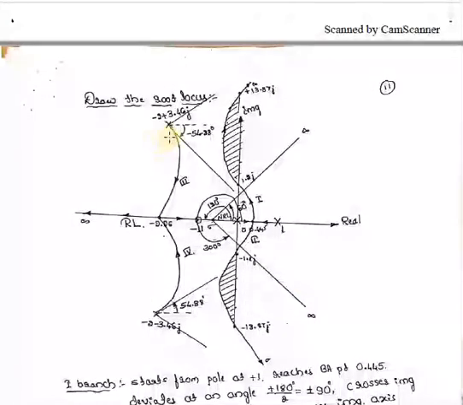The third route will start from this point, minus 2 plus 3.46j, and it leaves tangentially to minus 54.88, and it will reach to the breakaway point at 2.26. Then it will end at this point, because the ending point for this route is a zero, whose value is minus 1.